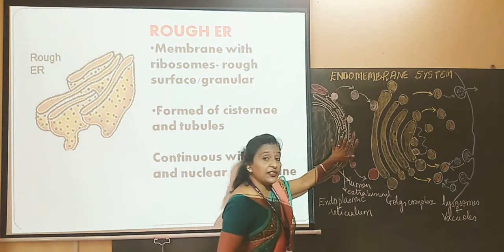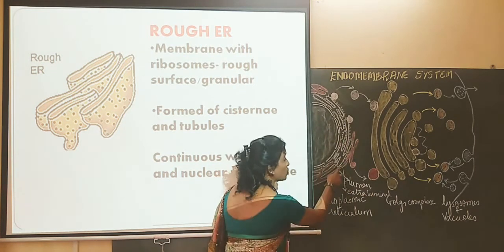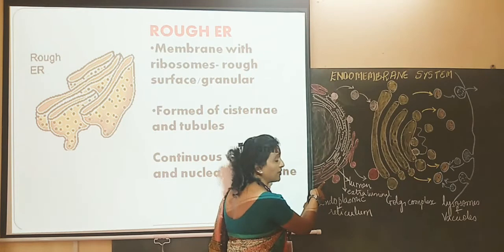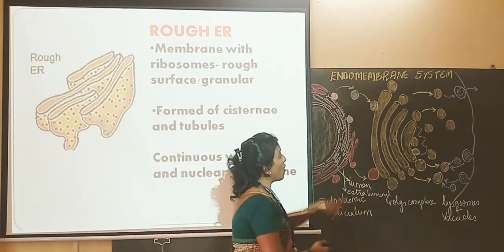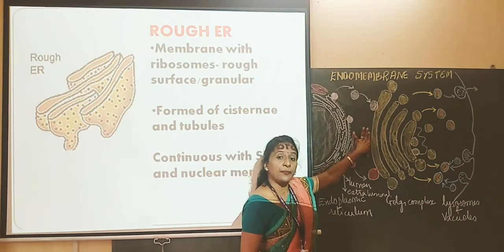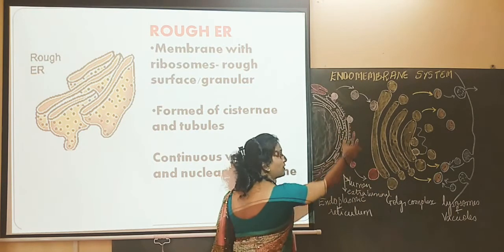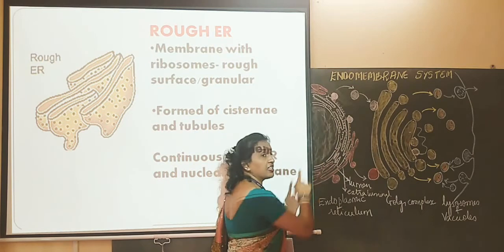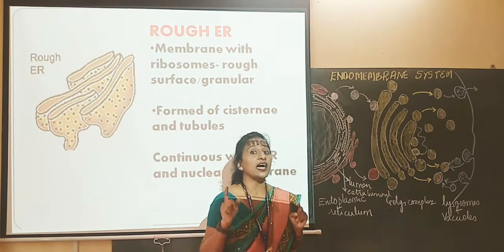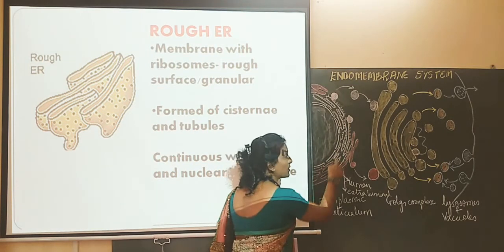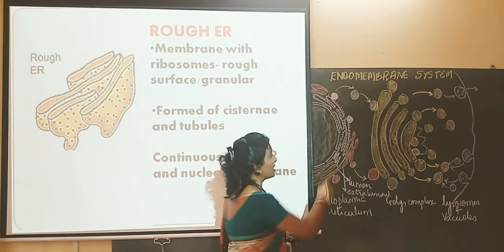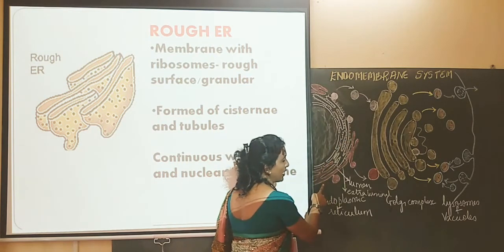That means this endoplasmic reticulum is associated with the smooth endoplasmic reticulum and also the Golgi apparatus or Golgi complex. We will see that endoplasmic reticulum is associated with the nucleus and nuclear membrane. Endoplasmic reticulum is of two kinds: rough and smooth.